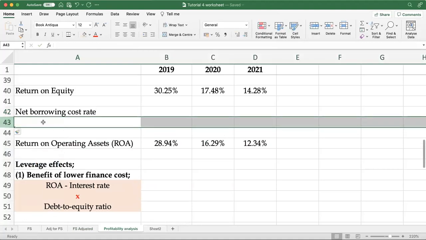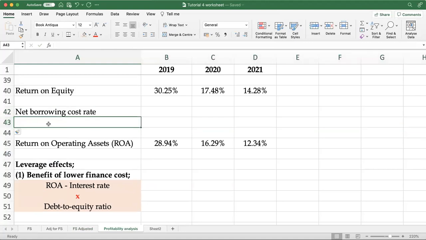This is how you calculate the net borrowing cost rate.